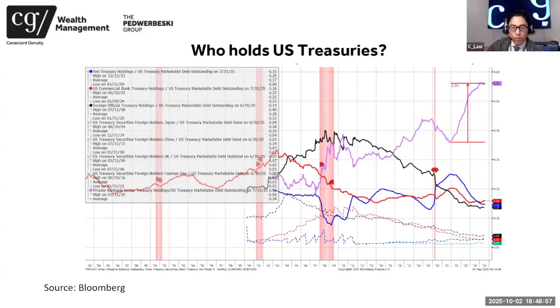That's part of the reason why we're starting to see long-term yields in the US remain a little bit high, because of this changing dynamic in terms of who's holding the US treasuries. So with the US debt continuing to grow and traditional buyers such as foreign central banks stepping back, the US government needs to find more buyers for their debt.